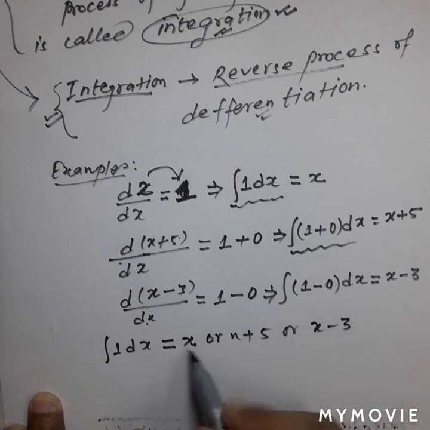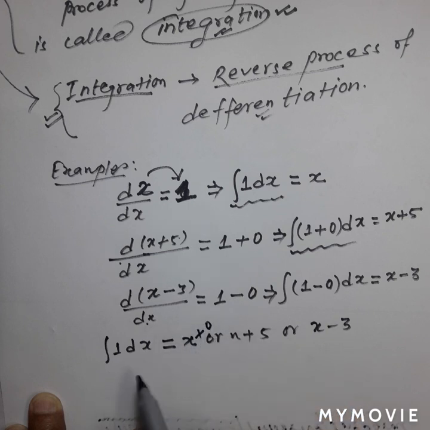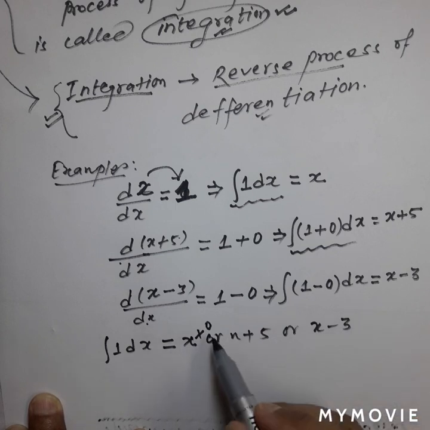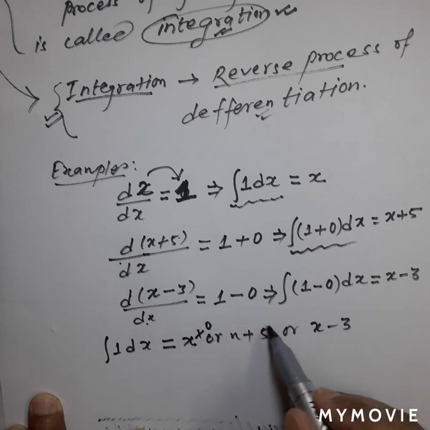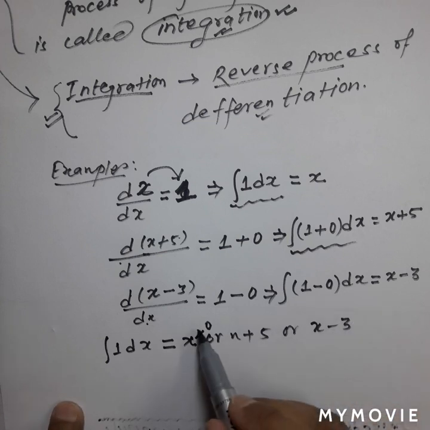So here sometime only x, that means we can write here 0. Sometime here is x plus 0, sometime here is x plus 5, sometime here is x minus 3. That means this value varies here, sometime positive, sometime negative, sometime 0.